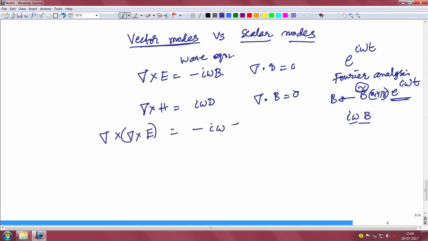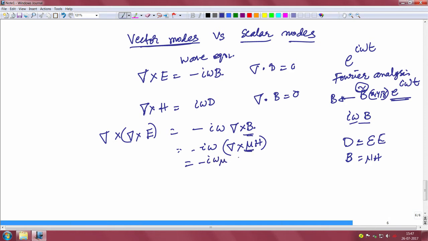So, minus i omega into del cross B. By using constitutive relations we can replace B and D: D equal to epsilon E and B equal to mu H. So, minus i omega into del cross mu H. Assuming this is a non-magnetic medium, where the magnetic medium properties are constant, we can remove the mu and replace with del cross H.